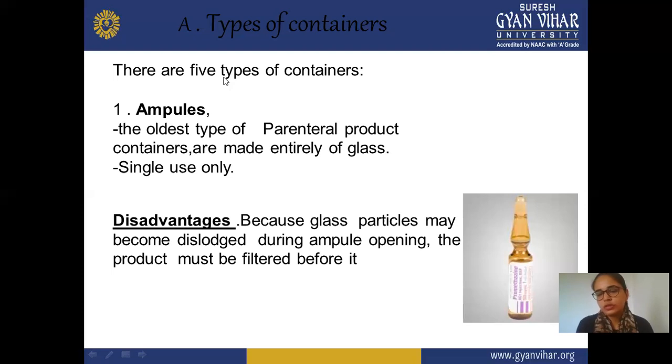This is not used again. Maybe it's sufficient for a single dose. Otherwise, if it's a large amount and you require only a small dose, in this condition you don't use it again because it's already in open condition, or there may be chances that it gets contaminated after a few times. So it is also a single use ampoule.